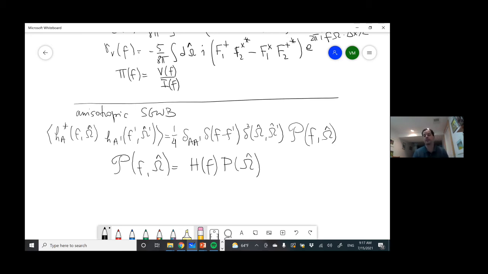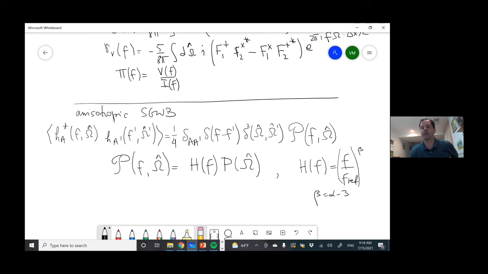But at least in the LIGO band, this assumption for that particular model seems to be okay. For H of f we'll make similar assumptions as before. We'll assume that this is some power law, and we'll call this beta, the power index beta. This is basically the same as alpha minus 3.